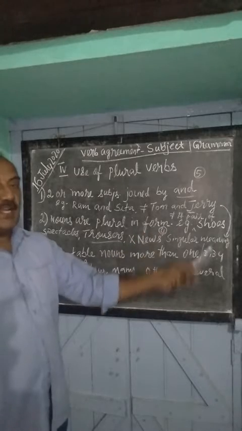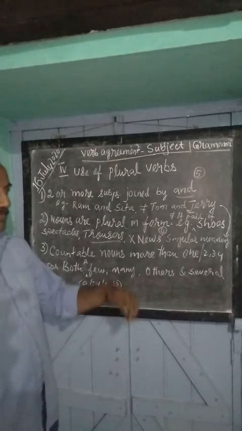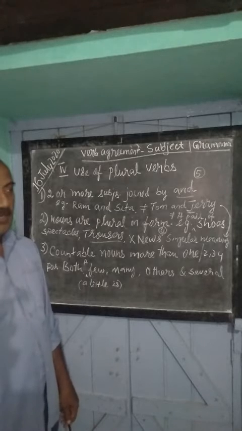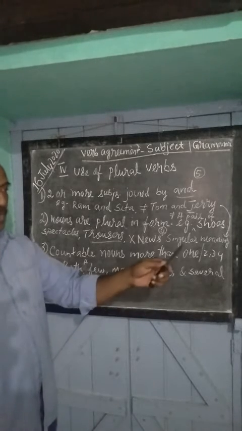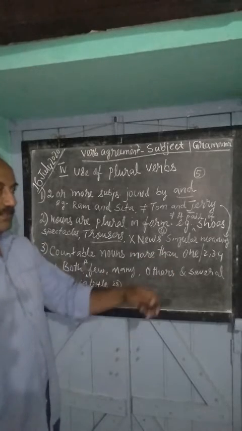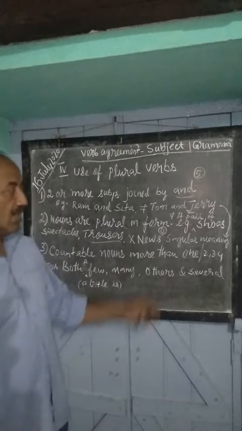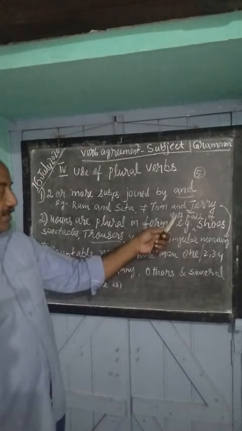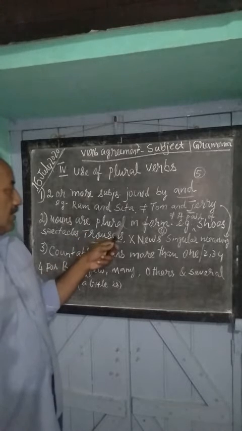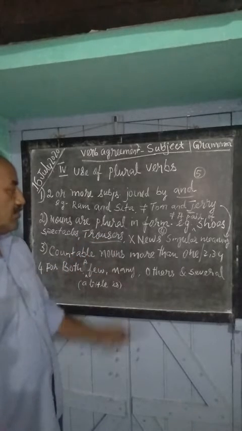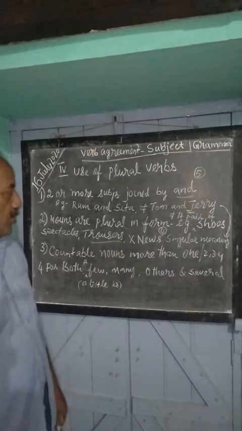Now this is a single name, like some brothers' name is given to a company, Raju and Ram company, is on the 3rd street. So if it's a name joined by and, you use singular. But when there are different people, using and becomes plural. So that's a slight difference. I hope you understand.